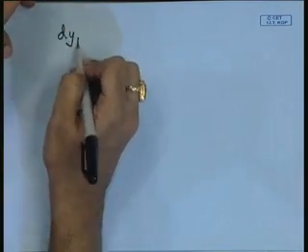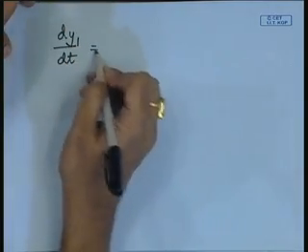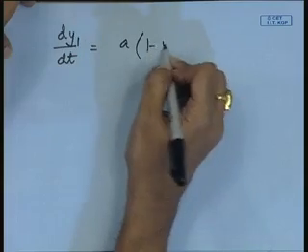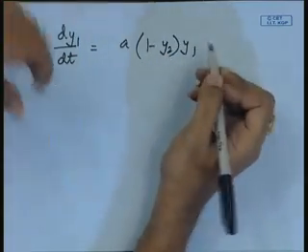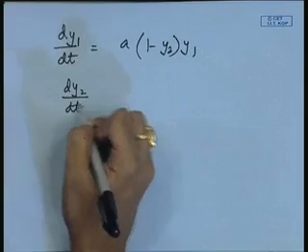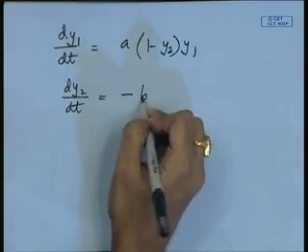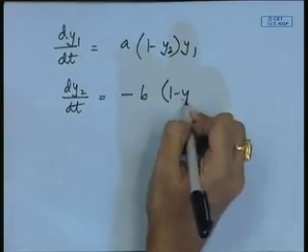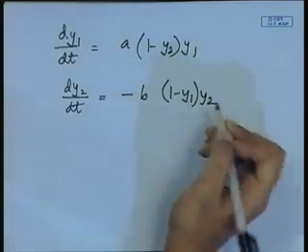When I do that, the dimensionless equation that I get is given by dy1/dt equals a(1 minus y2) y1 and dy2/dt equals minus b(1 minus y1) y2.